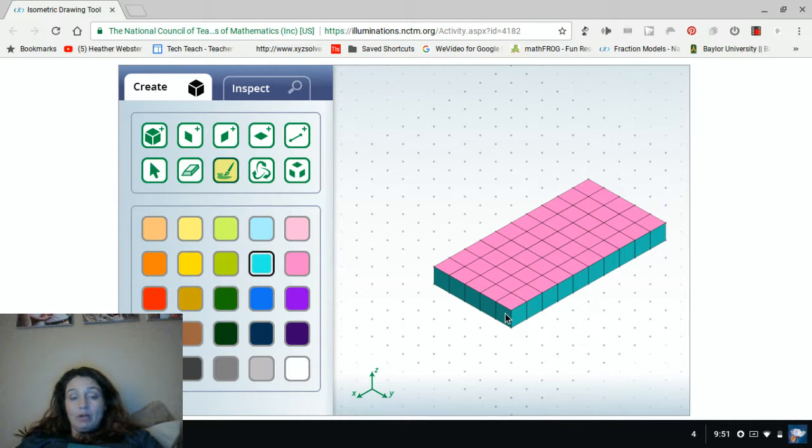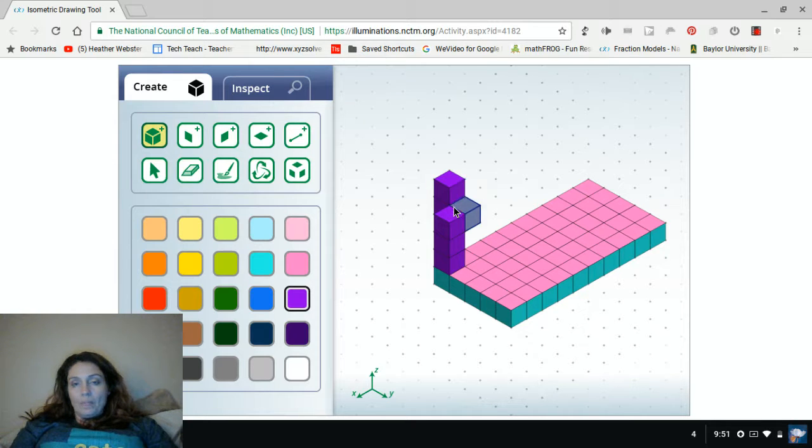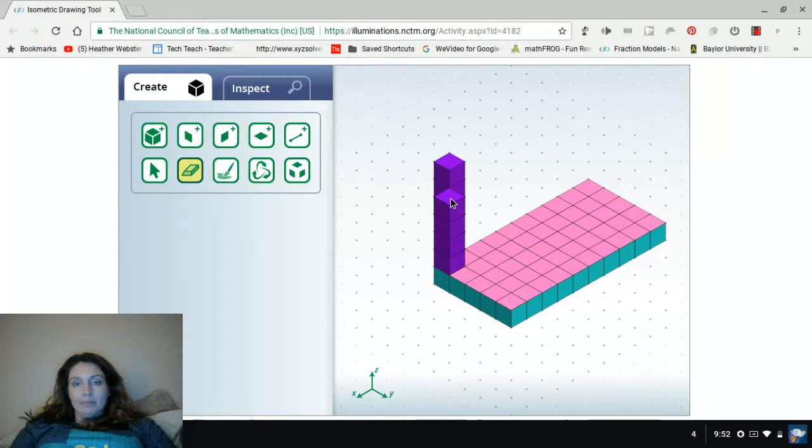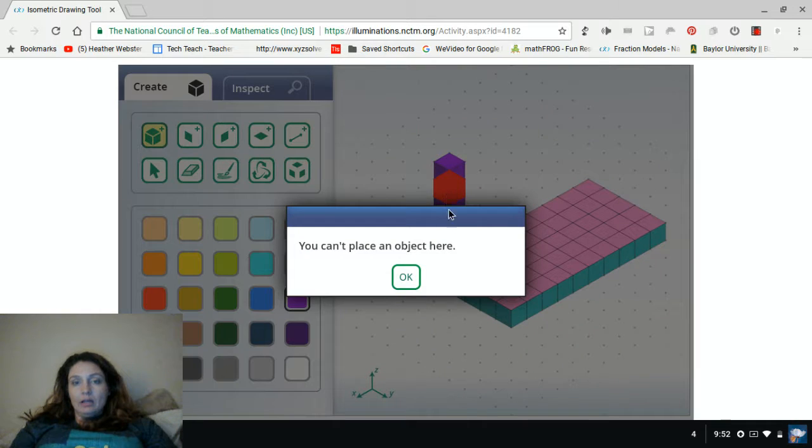Beyond area and perimeter, let's talk about volume. What if I was able to take some other shapes and add them to this, and make this a three-dimensional box? Let me erase that one.